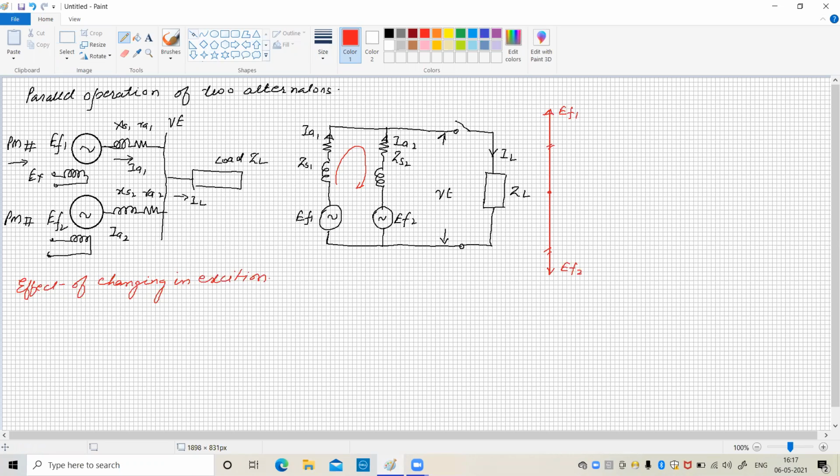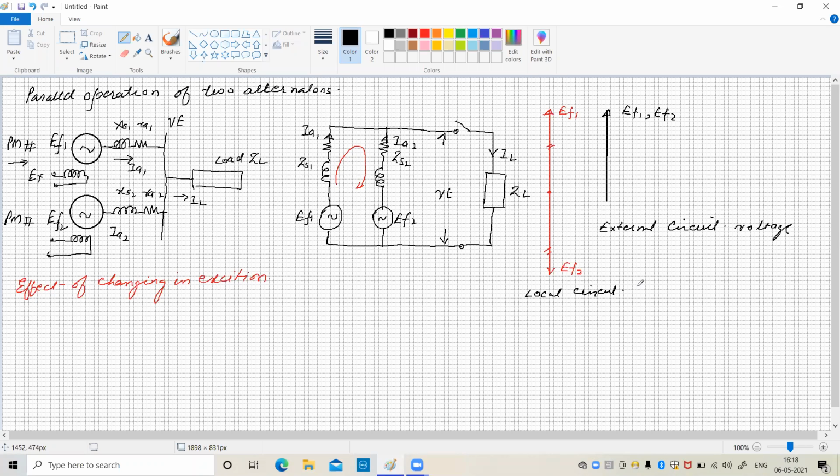Okay, and from the external side we can represent this as the voltage EF1 and EF2, that is called as an external circuit voltage, and it is called as a local circuit voltage. Local circuit condition, isn't it?